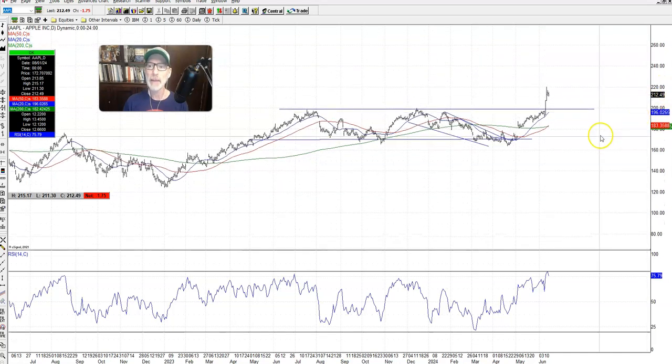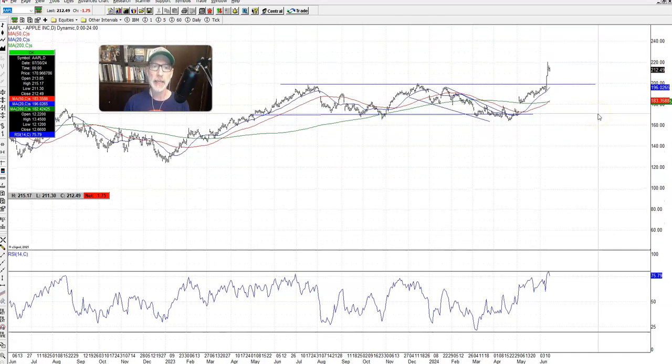So Apple, to me, is making a typical bullish bull flag pattern. And after it consolidates here a little, the next leg should go higher. That's the way these patterns work.